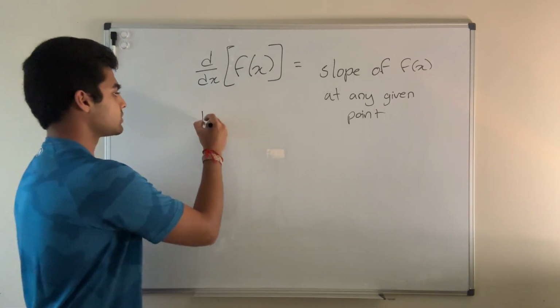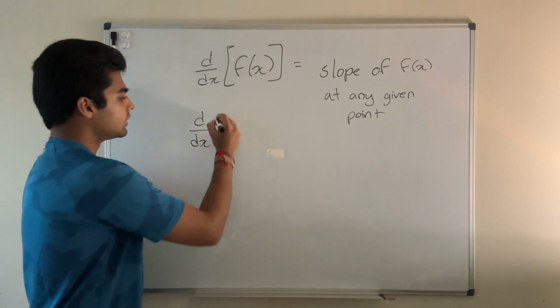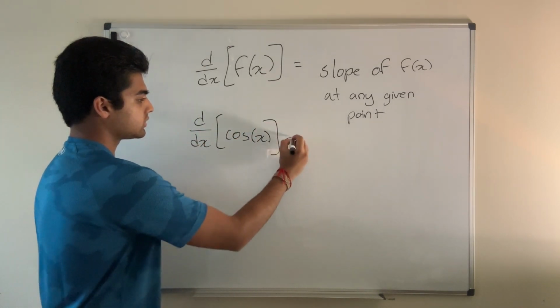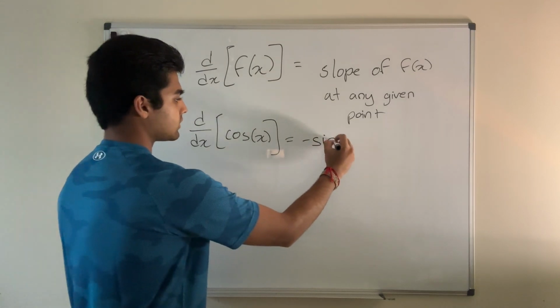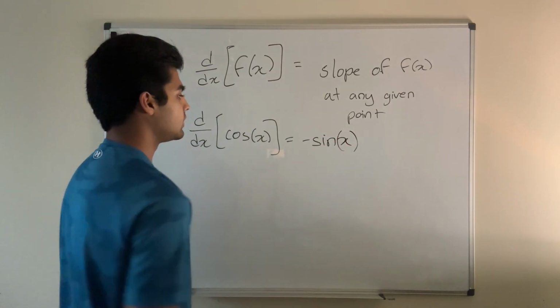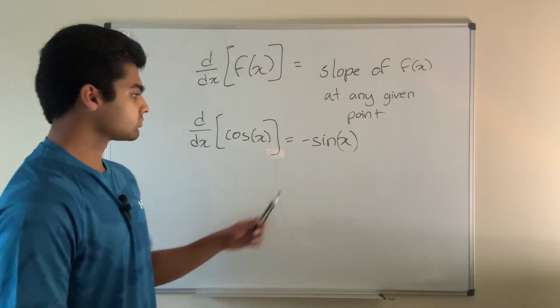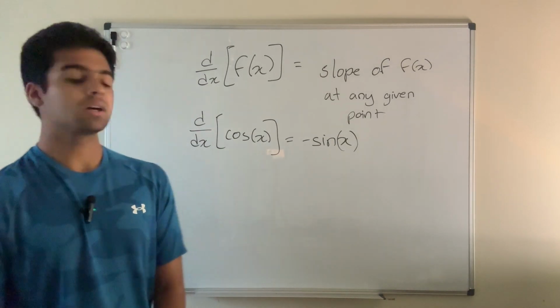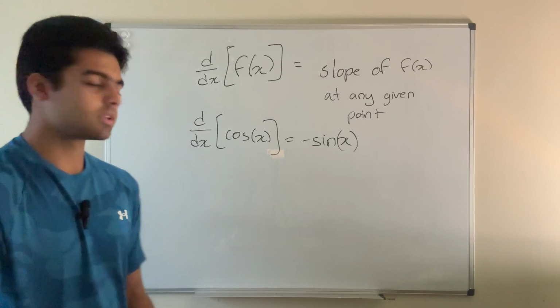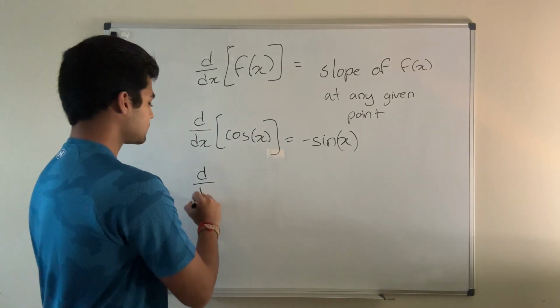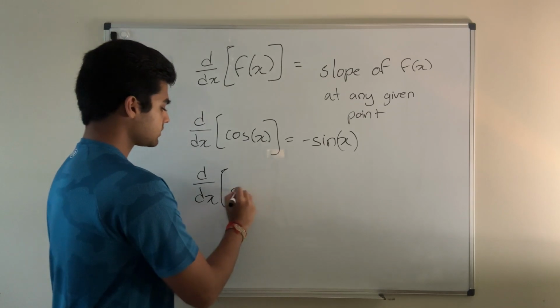And that way we can show that the derivative of cosine x is just going to be negative sine x. I won't be proving this in this video because it's basically the same thing. Same process, same everything. But just memorize this and just memorize this.